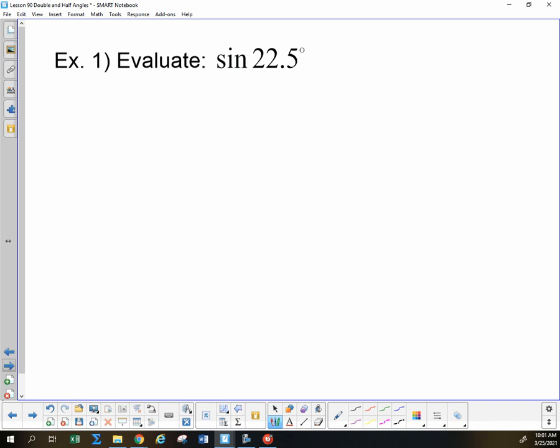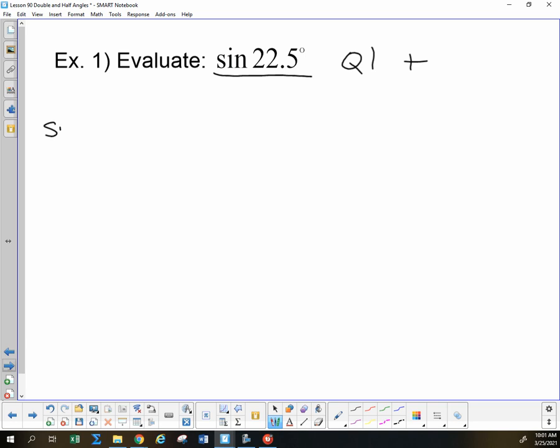I recommend that very first you look at that and say, oh, 22.5. What quadrant is that? Oh, that's first quadrant. And in the first quadrant, sine has to be positive.